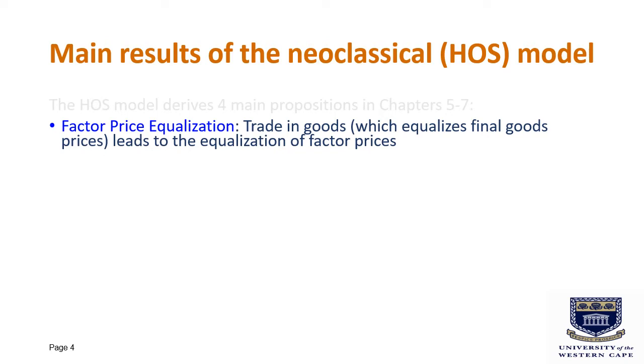So I'm going to do it in terms of the two countries that we are discussing. Here we have Bolivia and we have Austria. They're going to interact with each other and trade. Once they trade, at the end, the wages in Bolivia and the wages in Austria will be exactly the same.